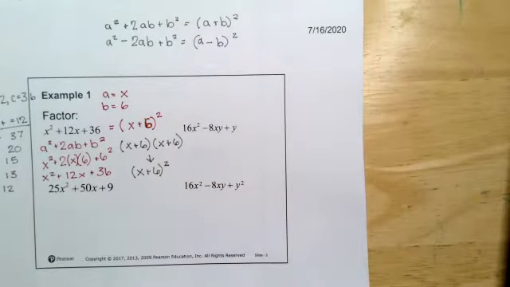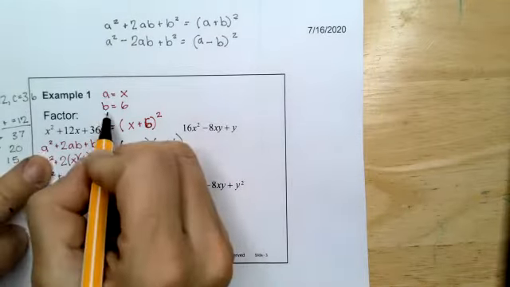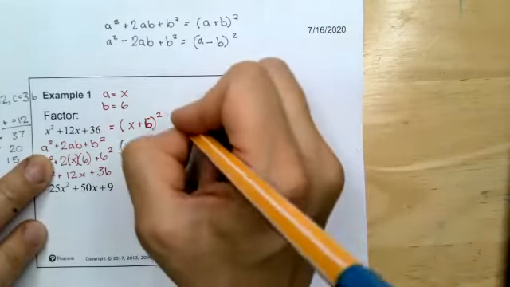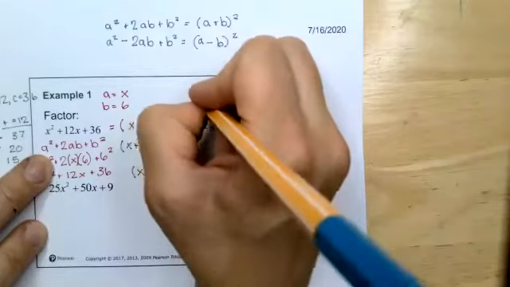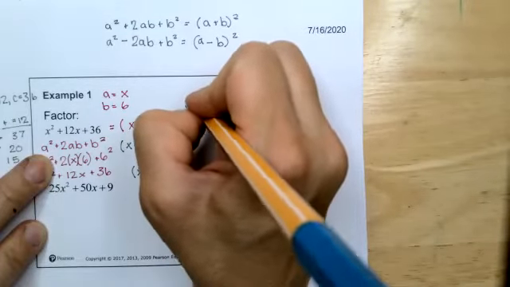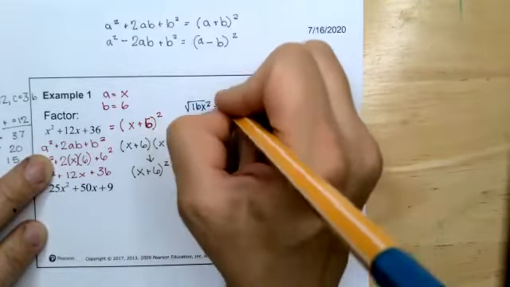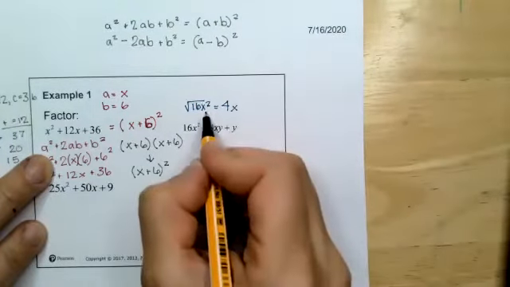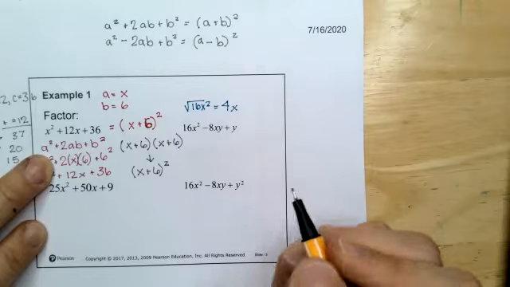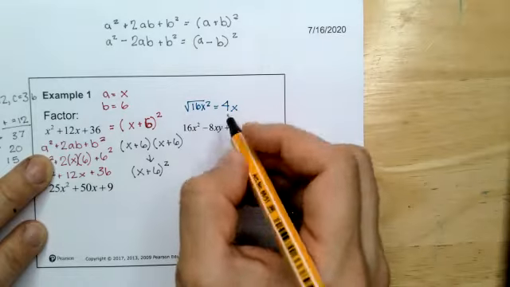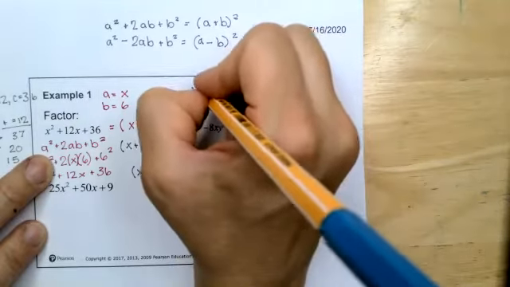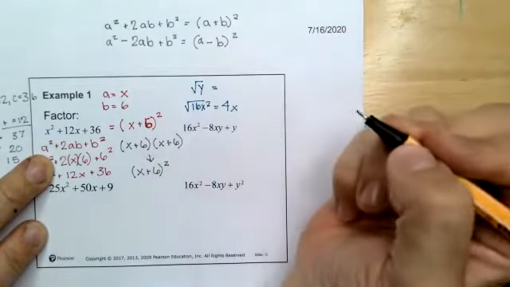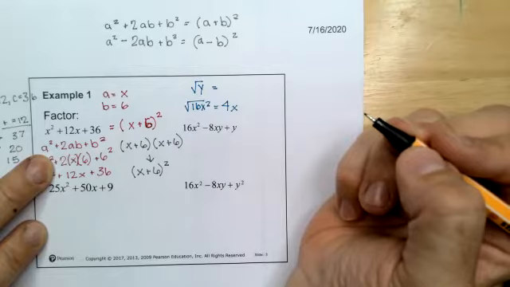Good. All right, back to the a to a b, right? Can I take the square root of 16x squared? The square root of 16 is 4. The square root of x squared is x. So the square root of 16x squared is just 4x. But the square root of y, there is no perfect square.